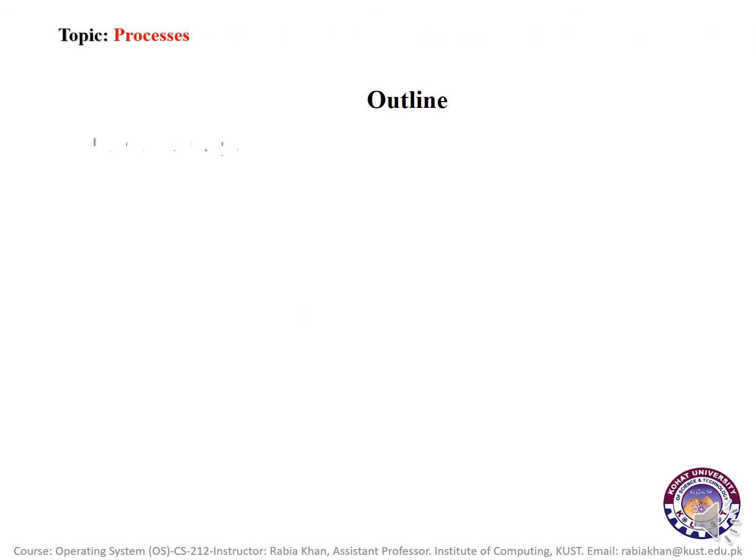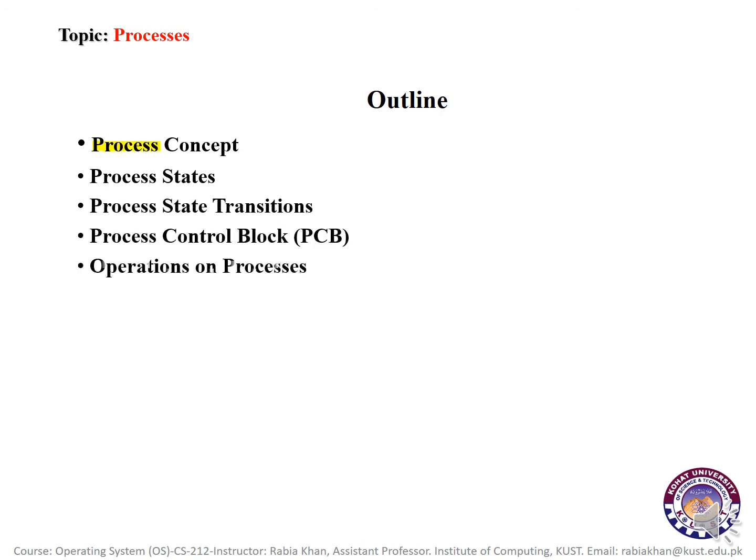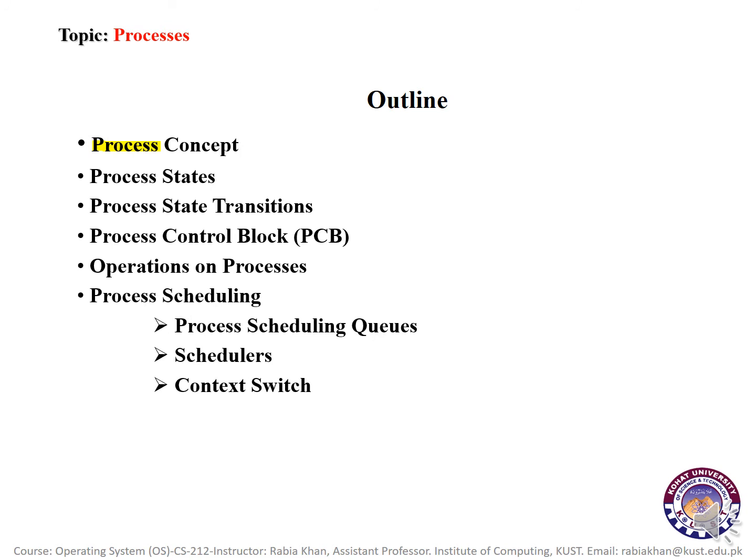The first topic today is to have an understanding of the term process. What is a process and how we can differentiate it from the word job that we had used in chapter 1.